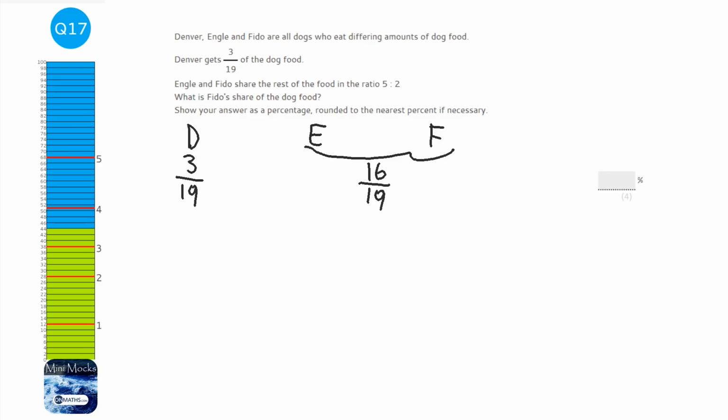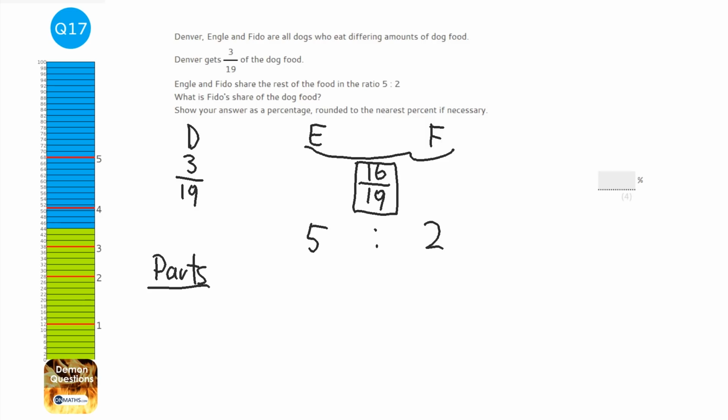So we can kind of ignore Denver now because we used Denver's fraction of the food to work out Engels and Fido's combined amount. That's how much food they'll get, but they're sharing it in the ratio of 5:2. So in total, the number of parts they have is 5 plus 2, which is 7.